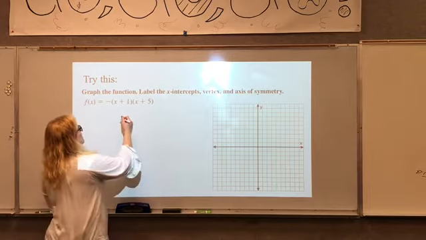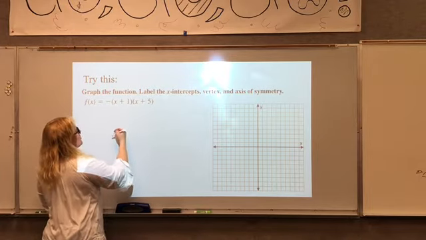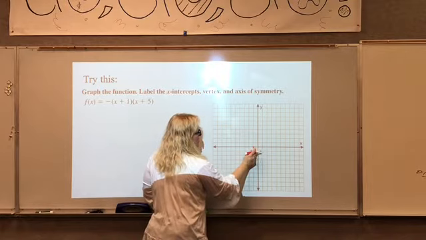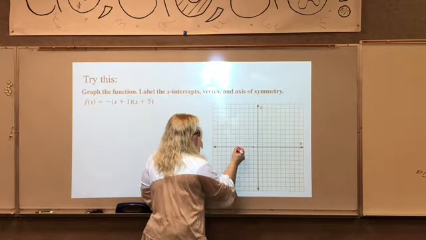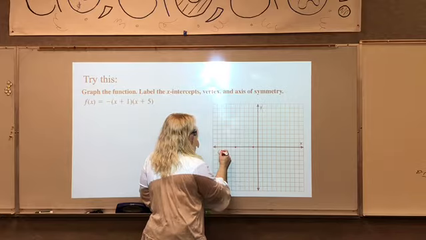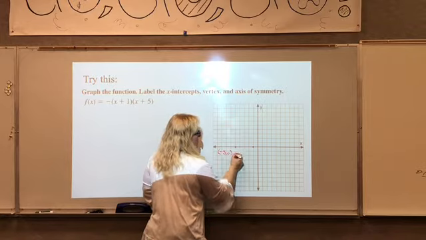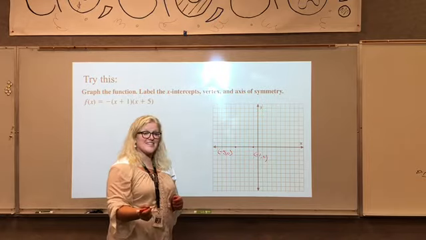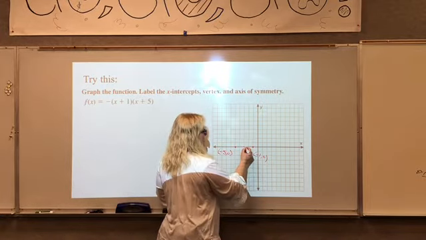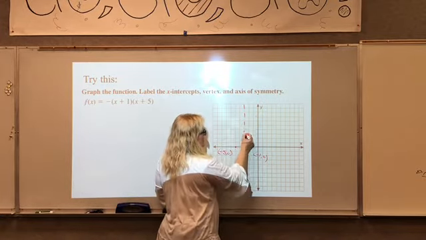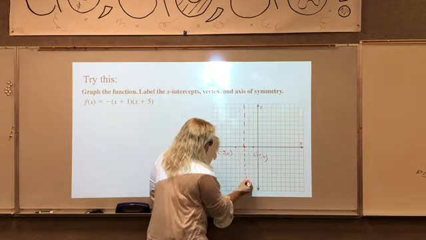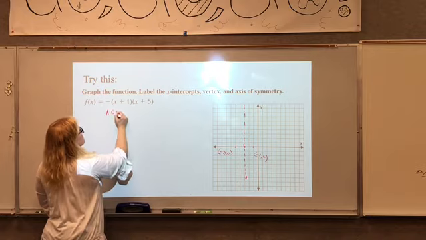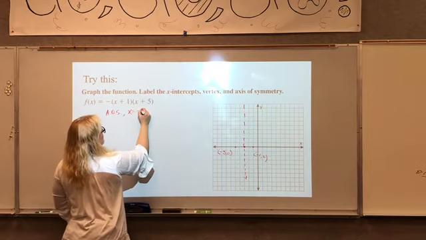And our x-intercepts are going to be negative 1 and negative 5. Okay, so negative 5, 0, negative 1, 0. Right in the middle of that is negative 3, so that's my axis of symmetry right there. So my axis of symmetry is x equals -3.